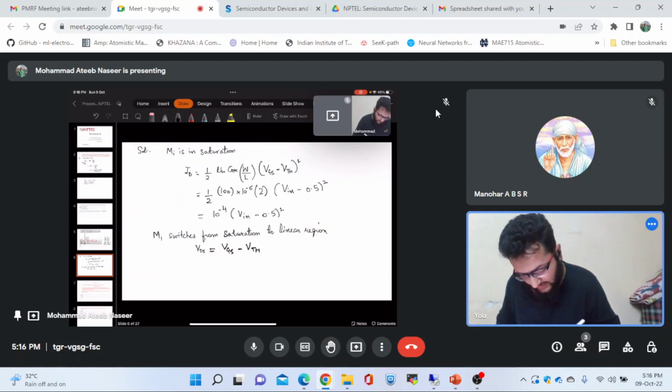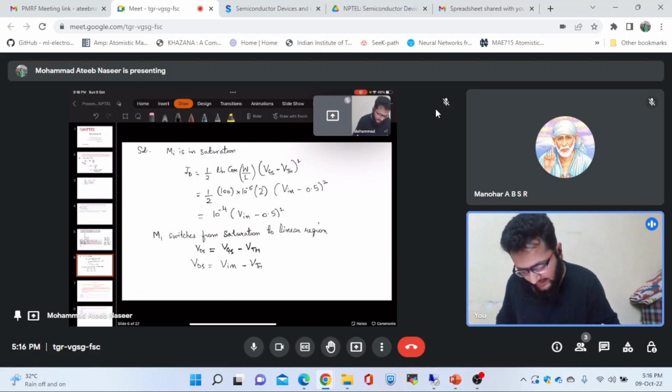Now let us put this VDS equal to V out, and let me use some other relation as well. This VDS is equal to V out. Let us keep it as it is, and this VGS is V in minus VTH.